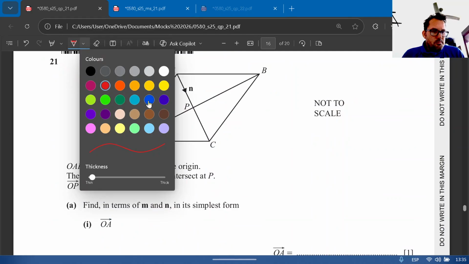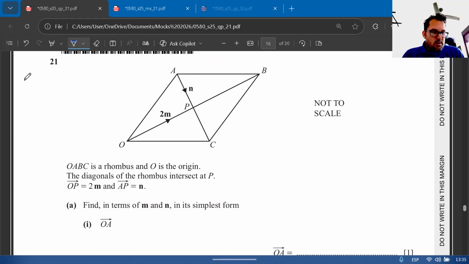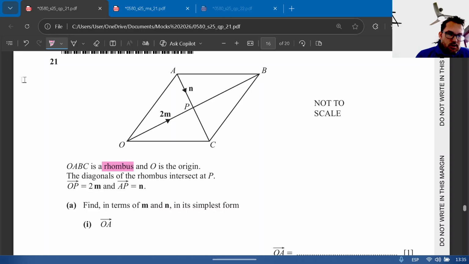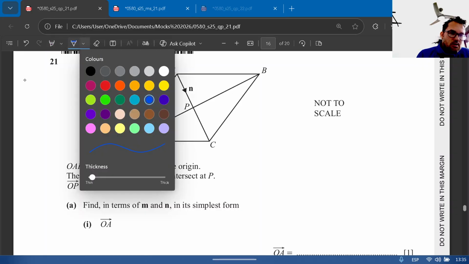Question 21, vectors. Read all the information very carefully. Okay, OABC is a rhombus. This has value. It's not there for no reason. What is a rhombus?